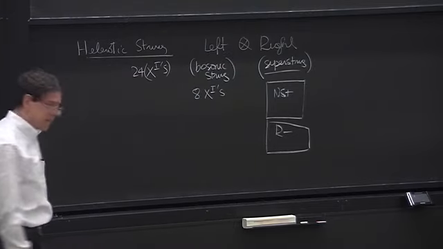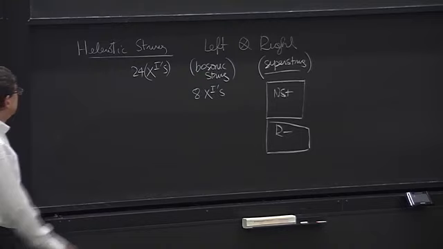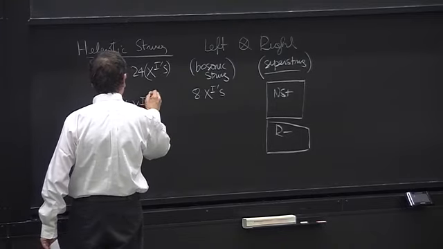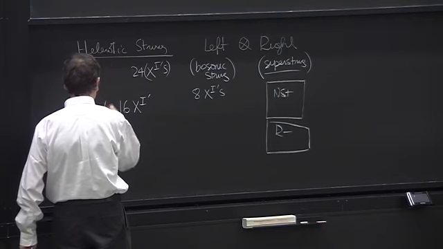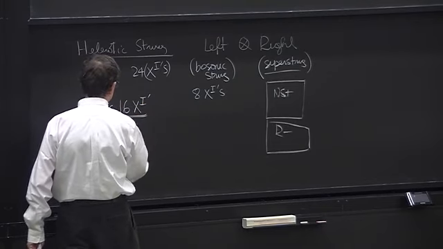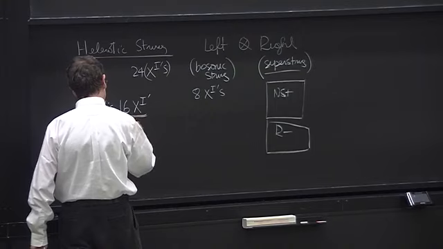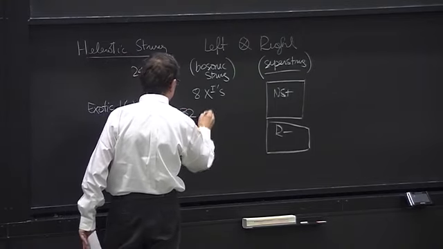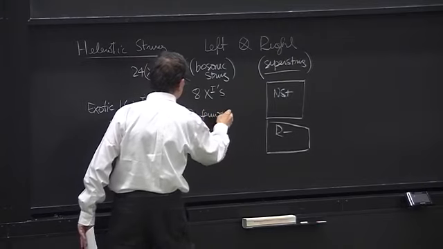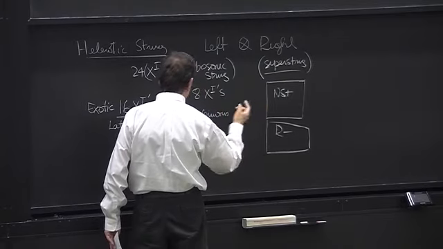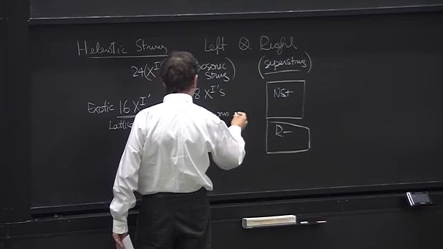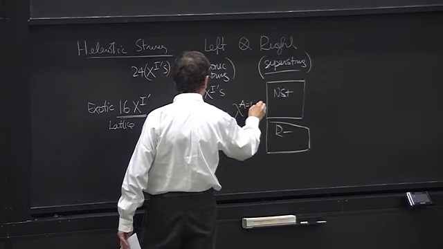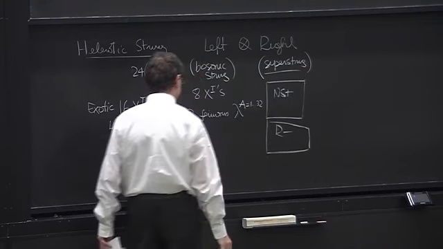So what ends up happening is that these 16 exotic X^i's that live on a lattice can be replaced by 32 fermions. Remember in the Ramond or Neveu-Schwarz sector, you had 8 fermions, but here there are 32, with an index A that runs from 1 to 32.